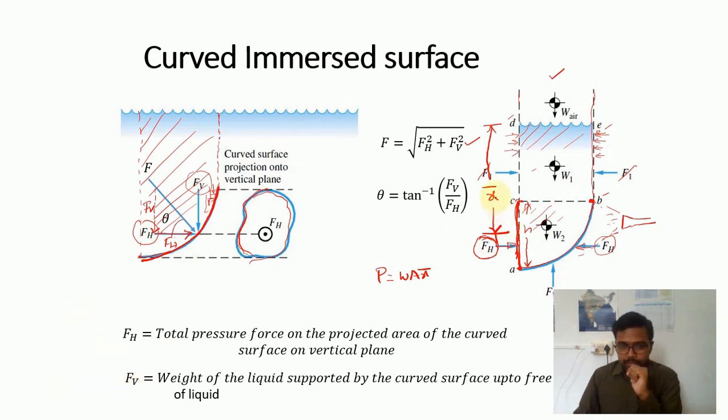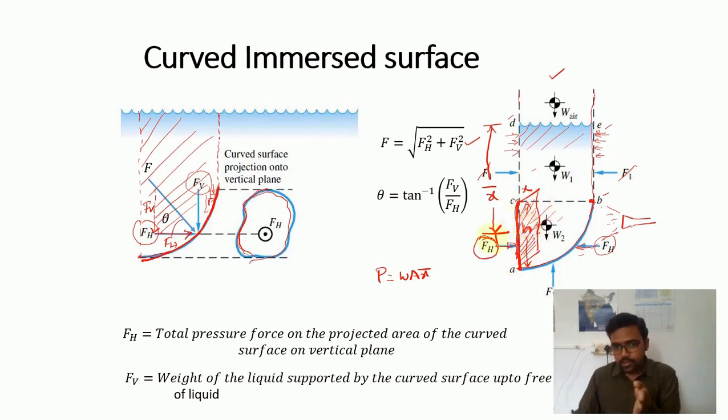So determine x bar. Once you determine this x bar, determine the projected area on the vertical plane. Suppose it is h and its width is, for example, some x, the width of this curved surface. Then x into h will give us the projected area, whatever the shape may be, it will be a rectangular projection, right?